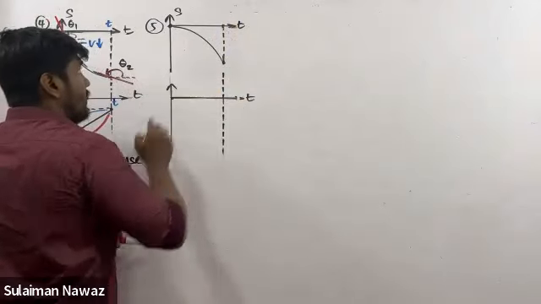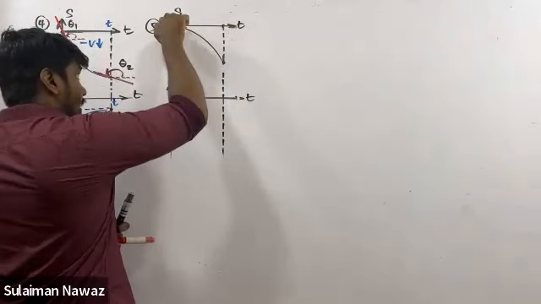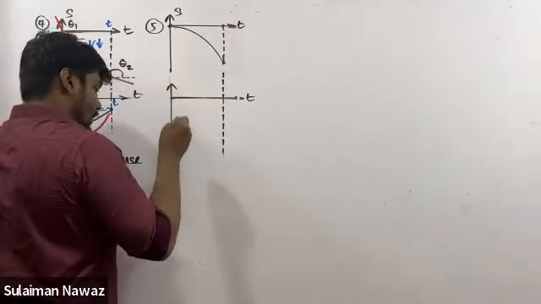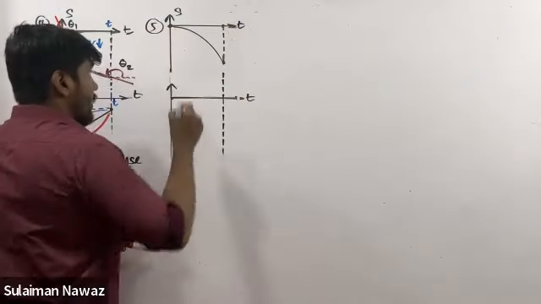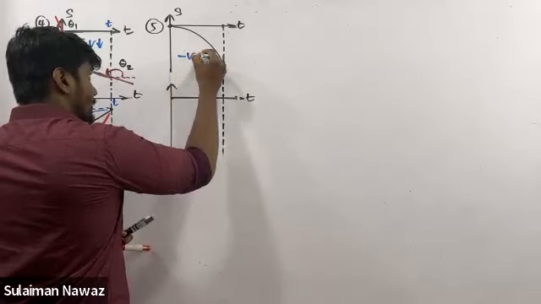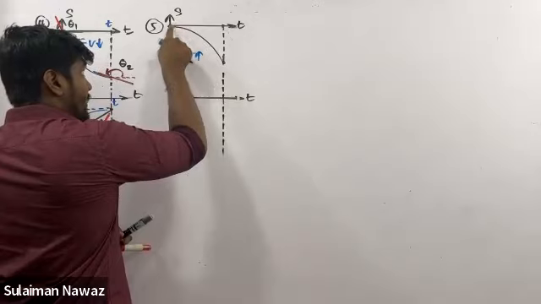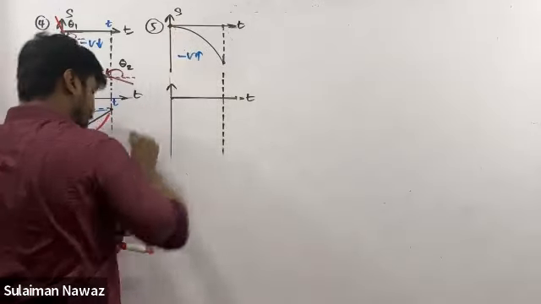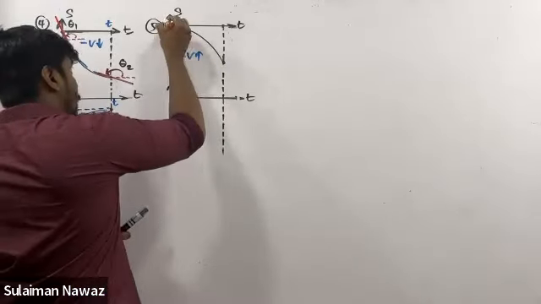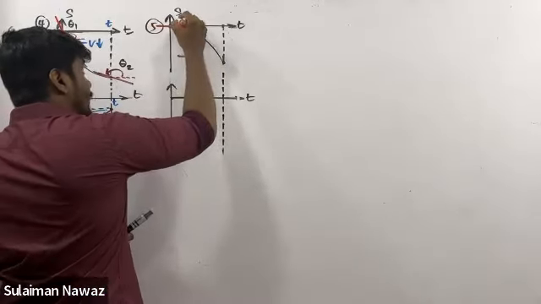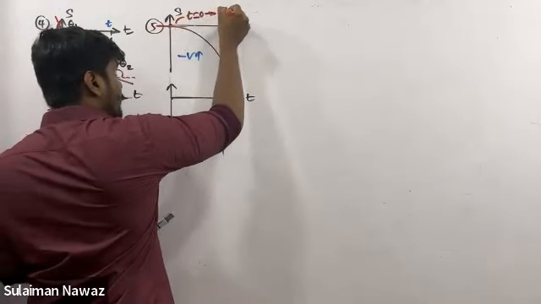Check the gradient. Gradient obtuse angle with the time, obtuse angle decreases. Obtuse angle decreases in the sense negative gradient increases. Negative velocity increases. When t equals 0, if I draw a tangent line, the tangent line is horizontal. When t equals 0, we can say that velocity is 0.